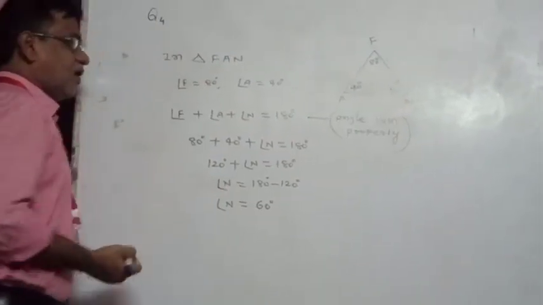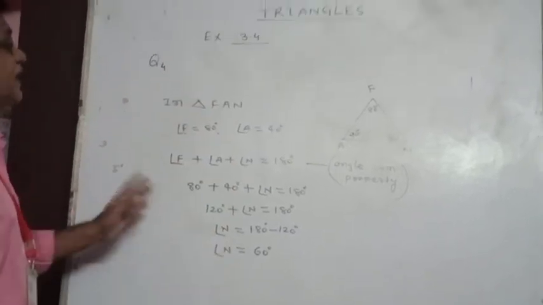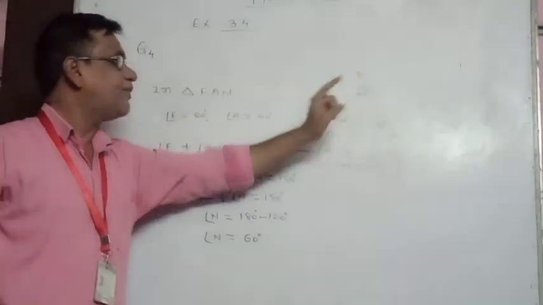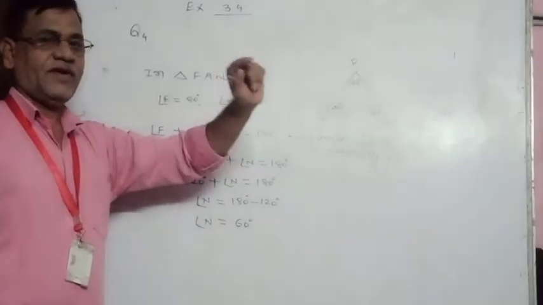Now see in this triangle the greatest angle is 80 and smallest angle is 40 and this is 60.